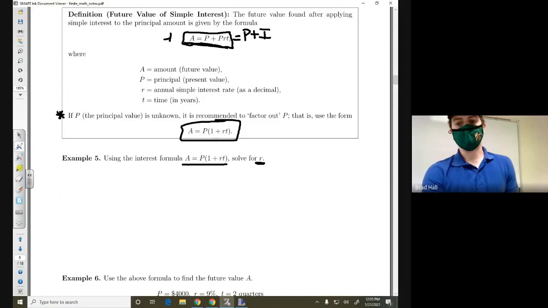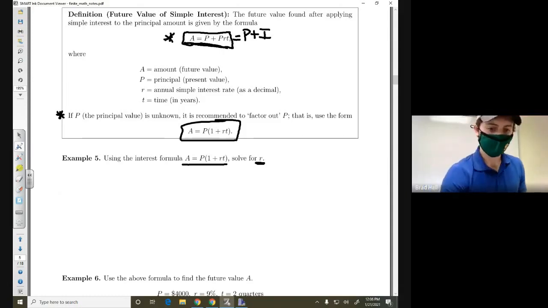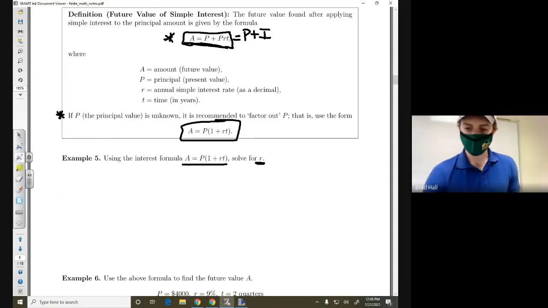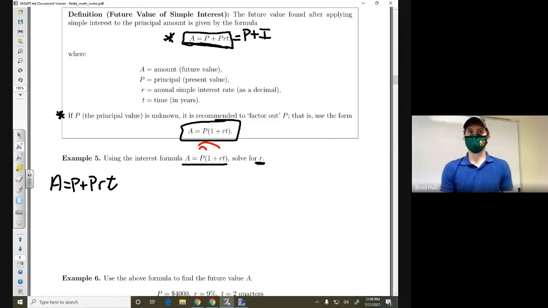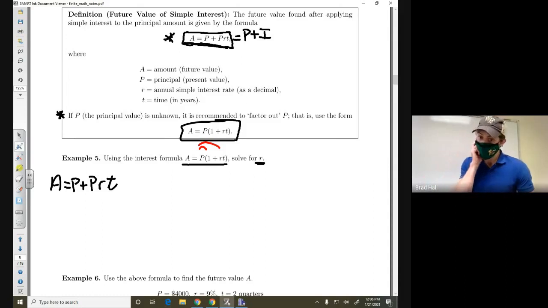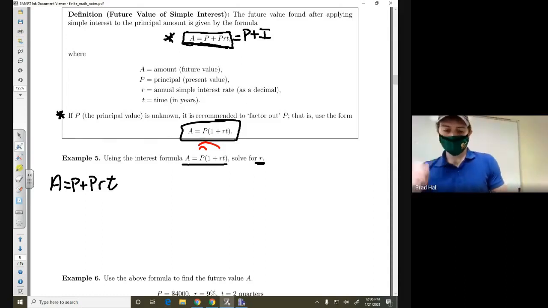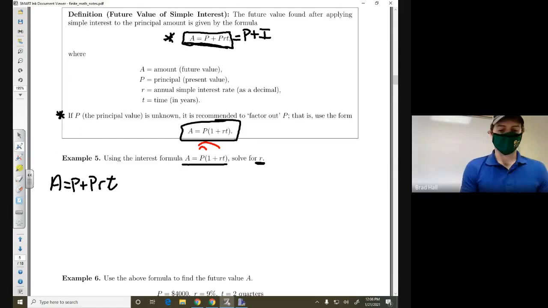Use the top form to solve for R. So in order to get to the top form, we're just going to distribute. A is equal to P plus P times R times T. Now we're back at the top form by distributing. And so notice there's no numbers in this problem. This is a pure algebra problem. This is all letters, which is why I wanted to talk about this one.